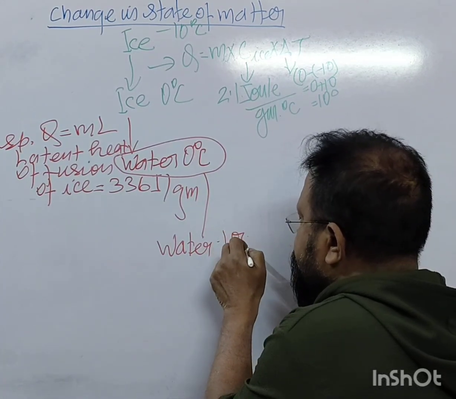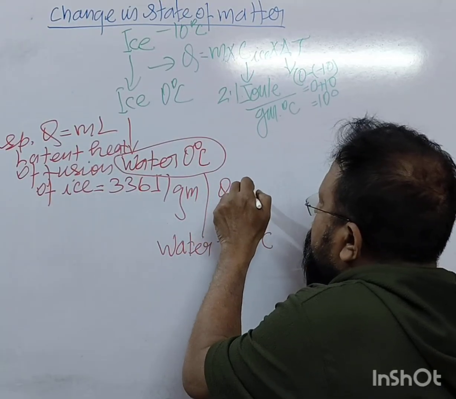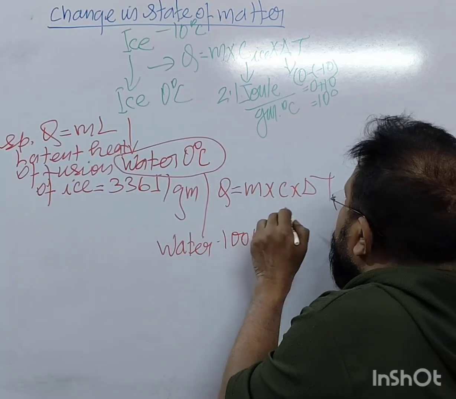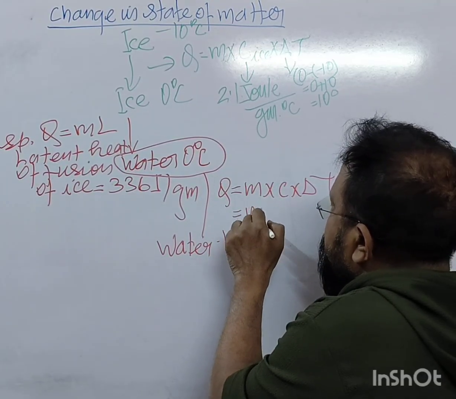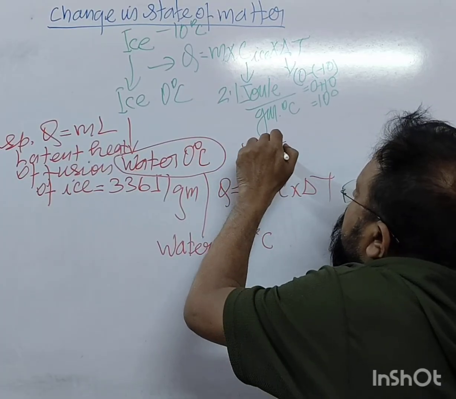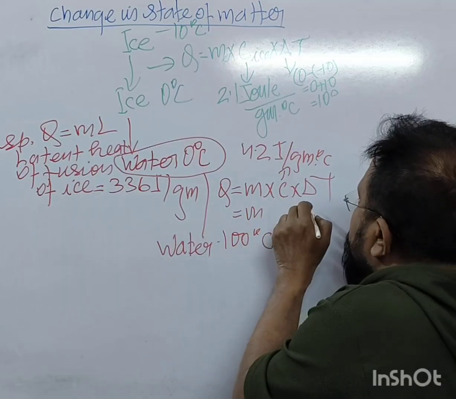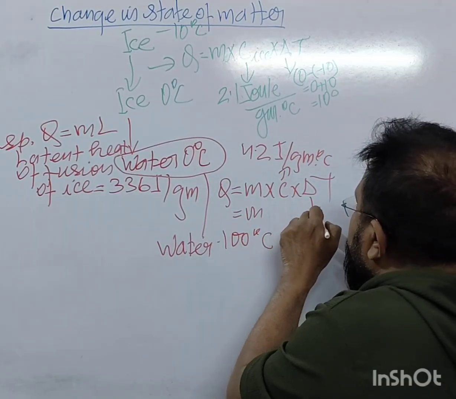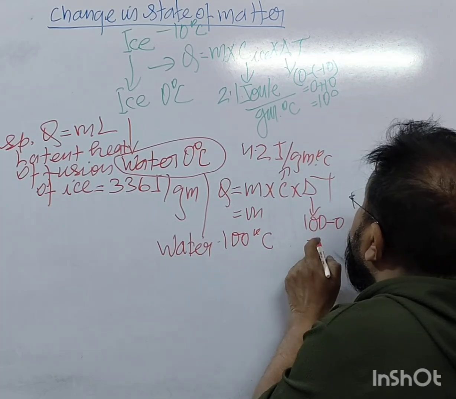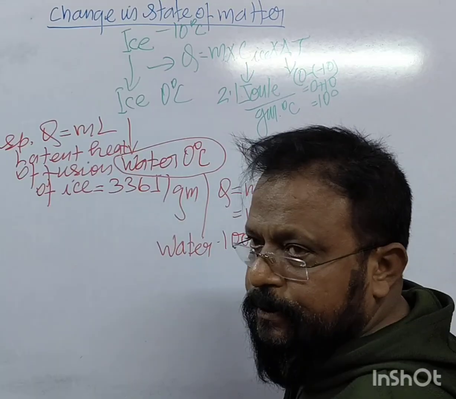So here Q is equal to M into C into delta T. Right, so it becomes M, C is 4.2 joule per gram per degree Celsius, and temperature is 100 minus 0 becomes 100 degrees. Becomes 100 degree Celsius.